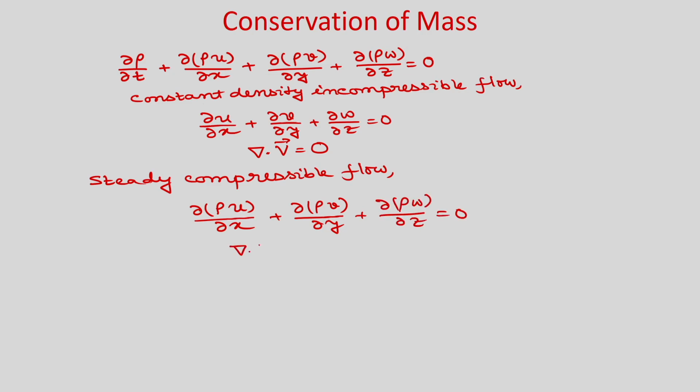That means divergence of rho V will be 0. Now, for the incompressible case, you can see this equation is valid for both steady and unsteady, because we have assumed constant density incompressible flow. So, the first term becomes 0. So, it is applicable for both steady and unsteady incompressible flow.